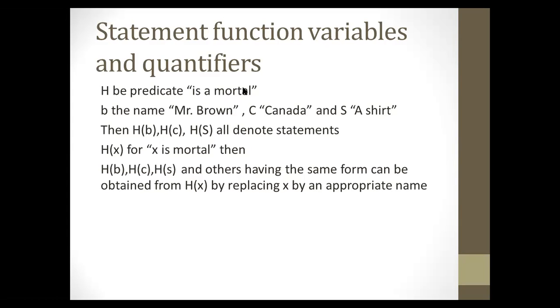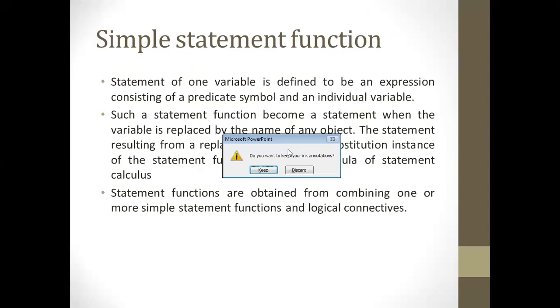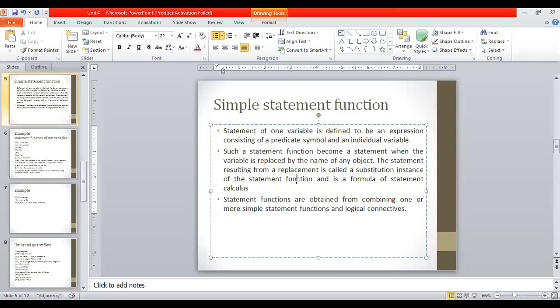So "is a mortal" is a predicate which is being denoted by capital H. Now small b denotes the name Mr. Brown, c denotes Canada, and s denotes a shirt. There are three variables over here, b, c and s. Okay, all are in small case. Small case is basically for the variables we have to write.